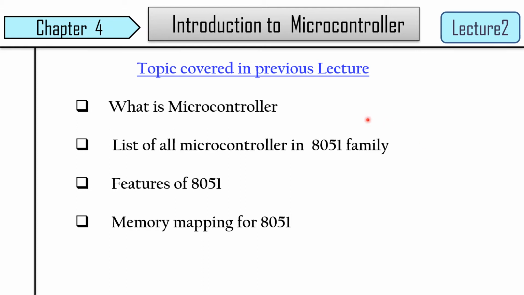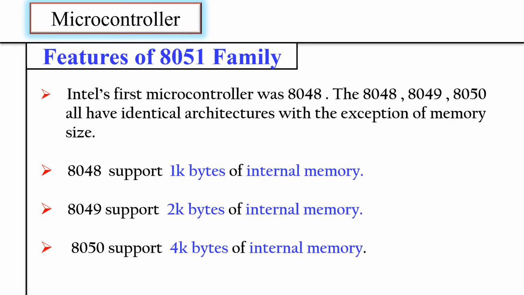So let us see the features of the remaining 8051 families. Now let us have a look at the families of the 8051 microcontroller. The first series of the microcontroller family is called 8048, 8049, 8050.